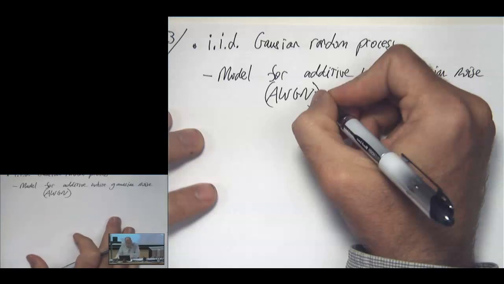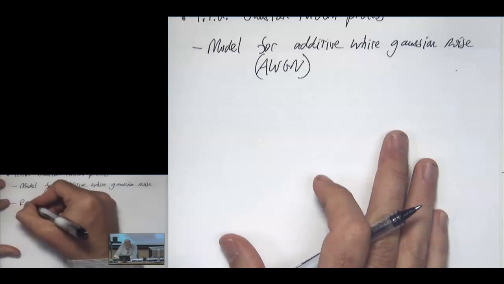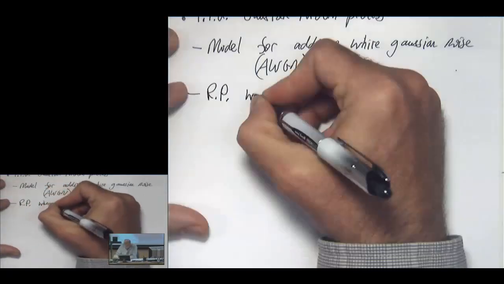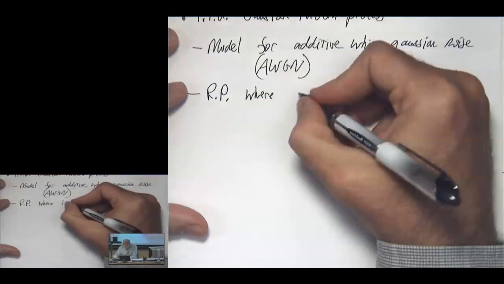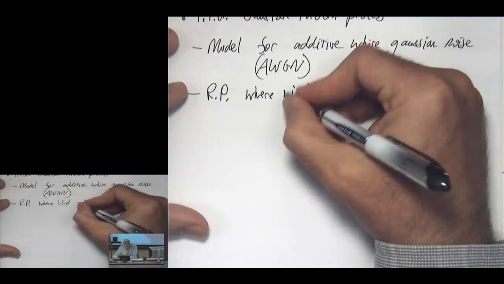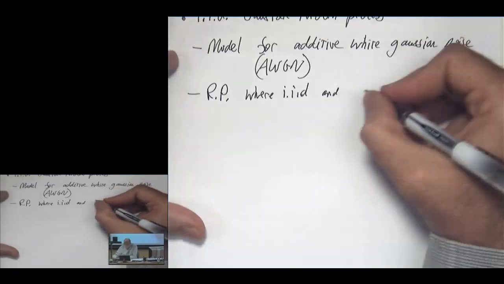It is a random process which is basically IID. We're saying that not only do we know that it's IID, so it's white and stationary, but we also know the distribution of those elements.